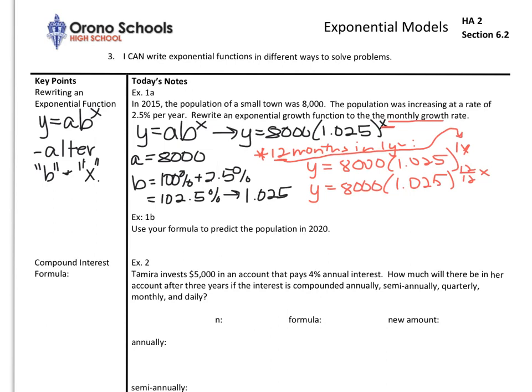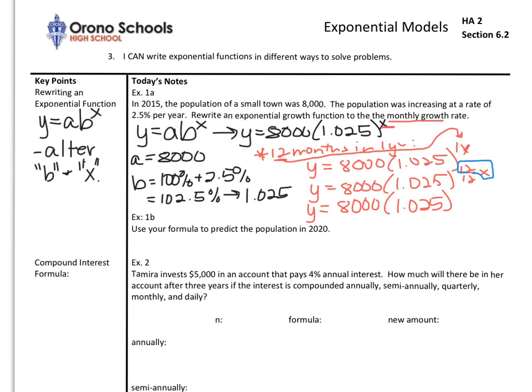Now, if we have 12 over 12 on the outside, what I want to know is each month, meaning there would be 12 in a year, I want to keep that 12 on the outside with x, that top 12. So now I'm going to rewrite that fraction once again, but I'm going to split it apart.